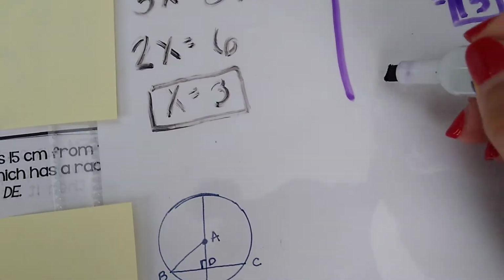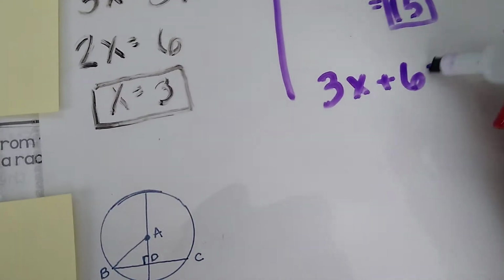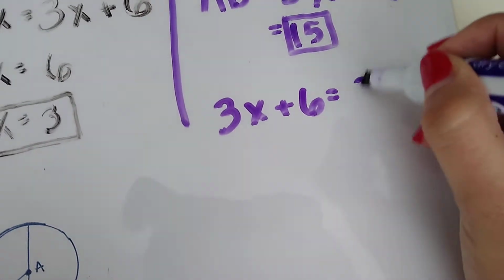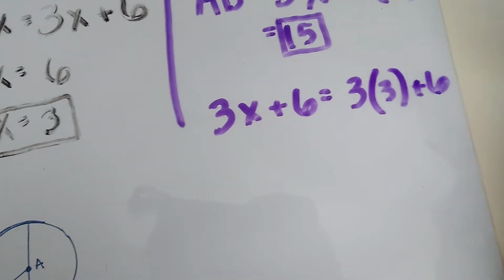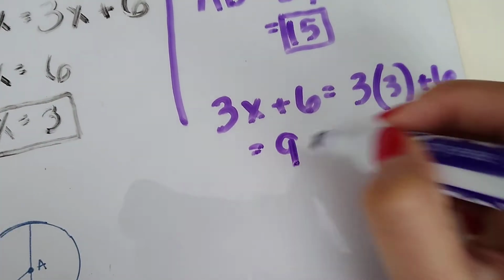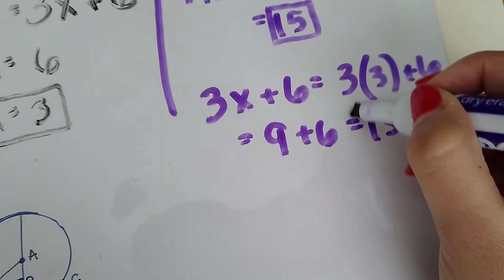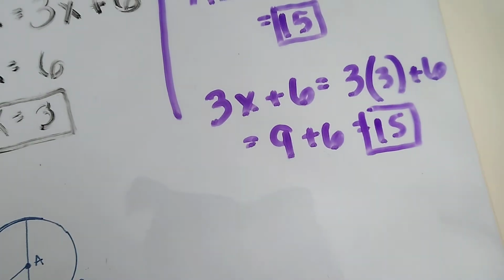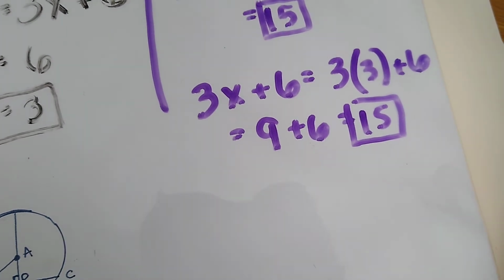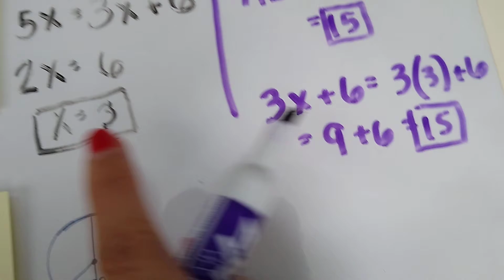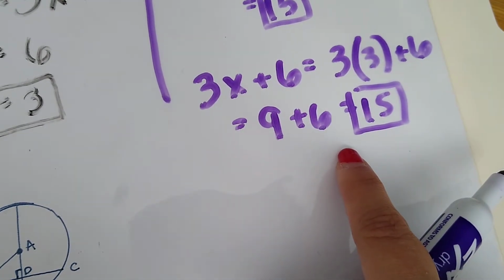Well, CD is 3x plus 6. I'm going to plug that in. So 3 times 3 plus 6, that equals 9 plus 6, which equals 15.